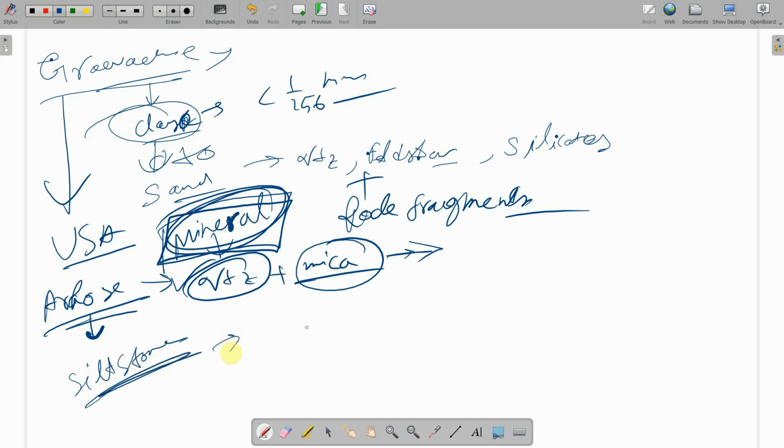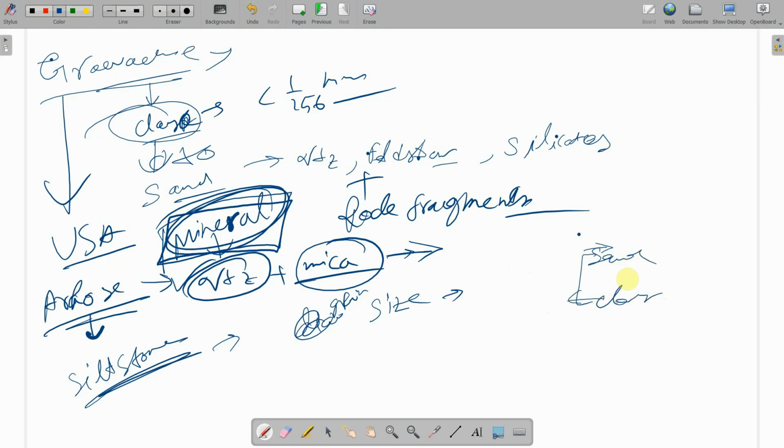So tell me the diameter, the grain size, of silt. The grain size of silt is in between which two? No, tell me, is it greater than clay or less than clay? Yes, it's in between sand and clay.